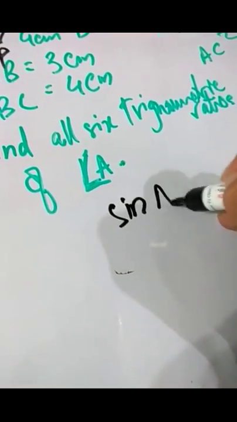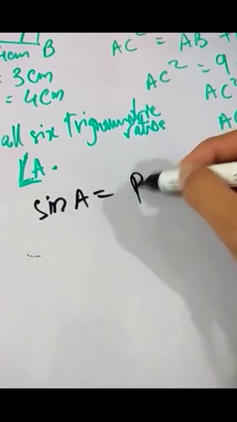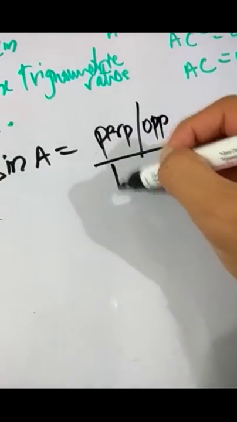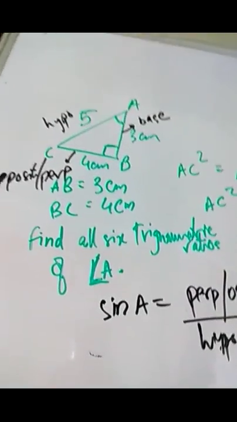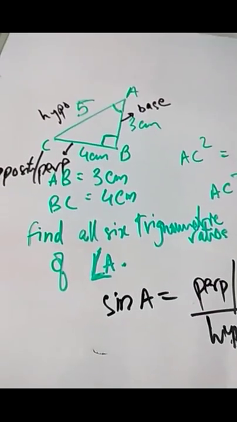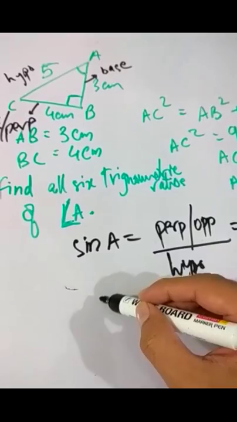So now sine A equals to perpendicular or opposite upon hypotenuse. Perpendicular is 4, hypotenuse is 5, so sine A equals to 4 by 5.